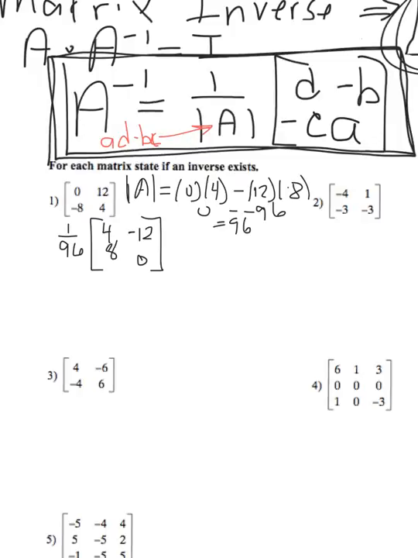Okay, I'm going to go ahead and multiply those things together. So now we have scalar multiplication. So this is going to end up being 4 over 96. Okay, so 4 over 96 can reduce to 2 over, what, 40 something? 96 cut in half is 45, or is it 48?